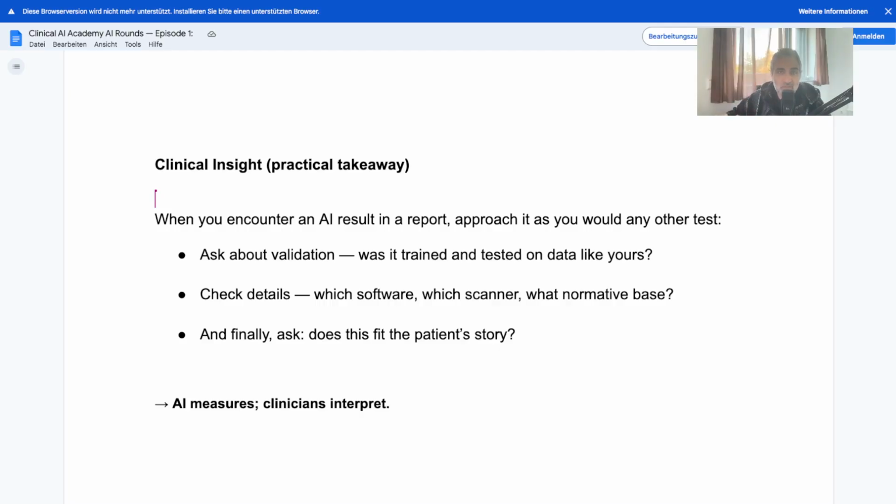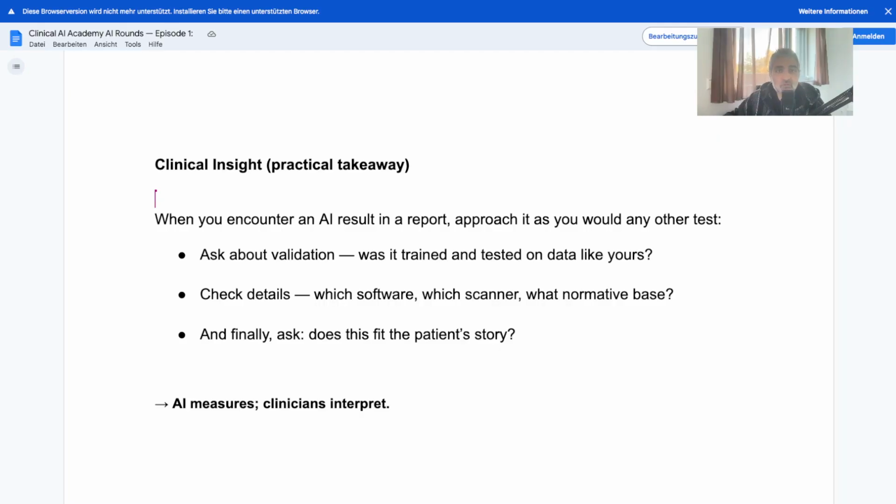But also keep in mind: how was this AI trained? You could ask the developer, or ask yourself, about what we call validation. Was it trained and tested on data like yours, that represents your own population of patients?